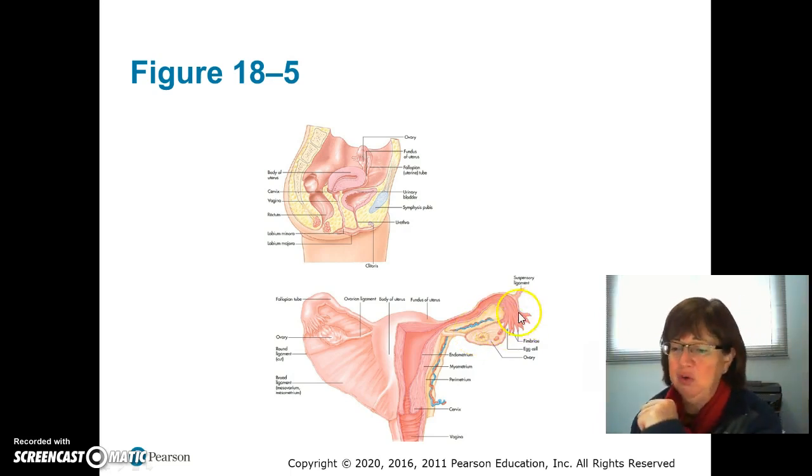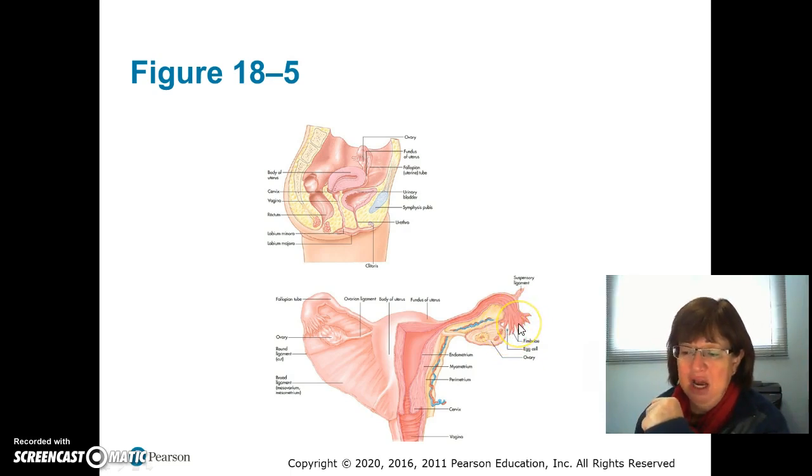Then it goes through the fimbriae, the edges of the oviduct, and then through the tube, which is called the oviduct, the fallopian tube, or the uterine tube, just to give it lots of names. The egg hopefully will be fertilized in the fallopian tube, and then it implants in the endometrium and starts its growth.